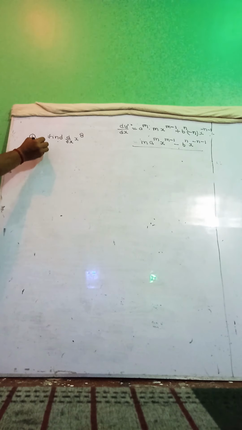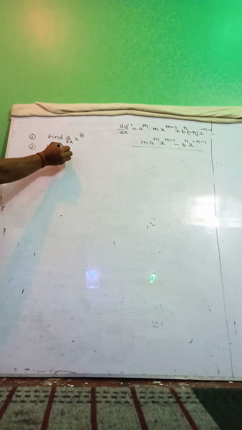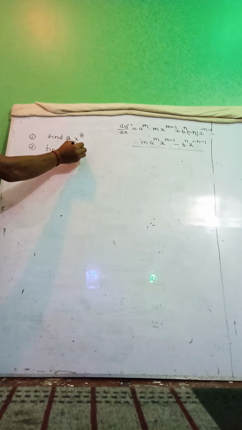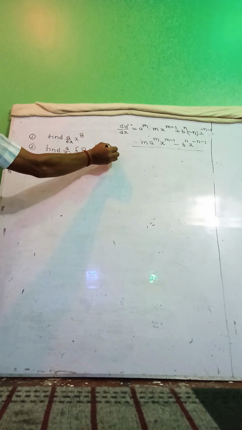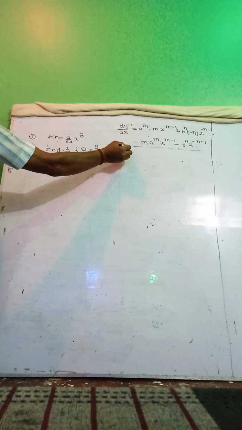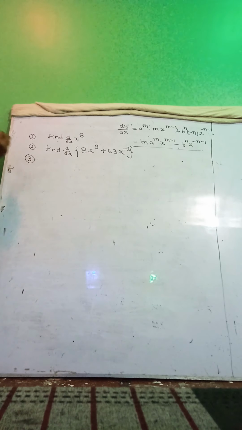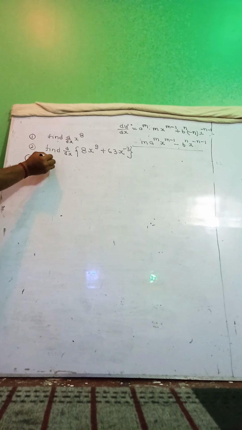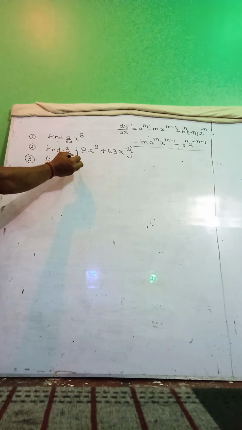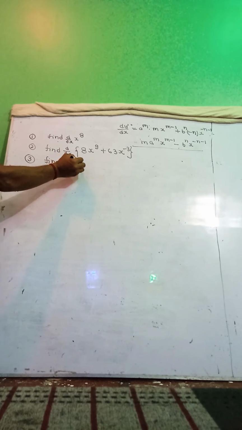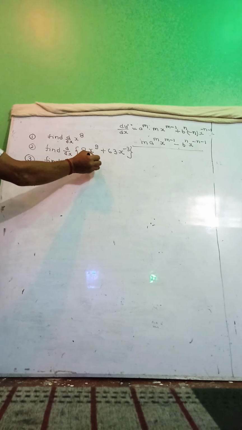Second question, find d/dx 8x power 9 plus 63 x power minus 3. Question third is find d/dx of 7 x power 3 by 2.